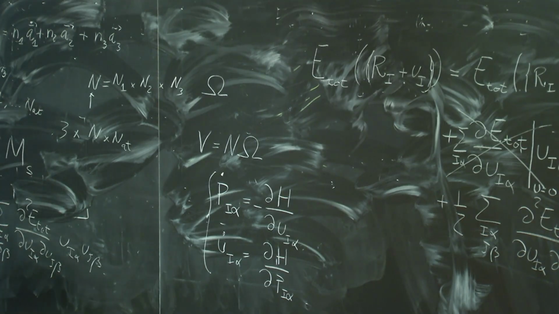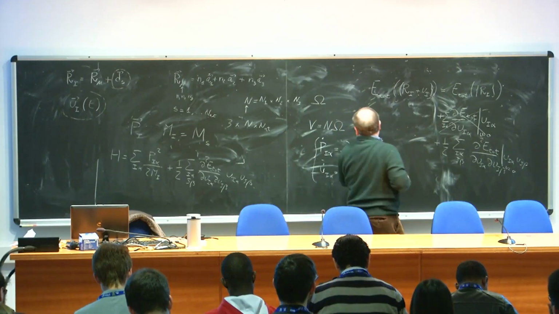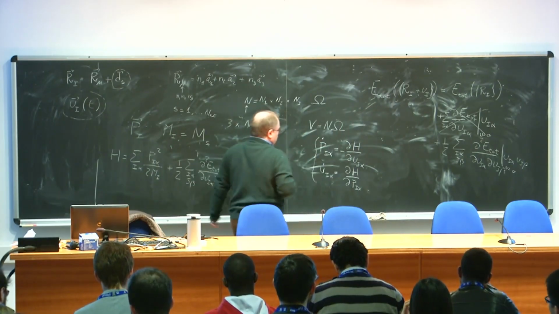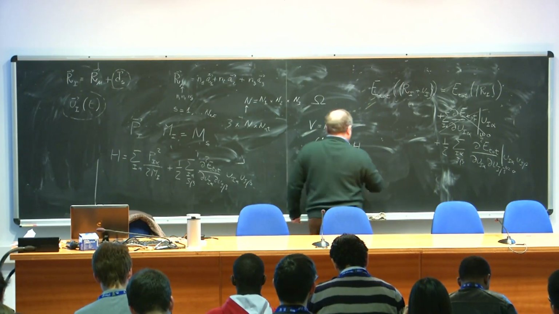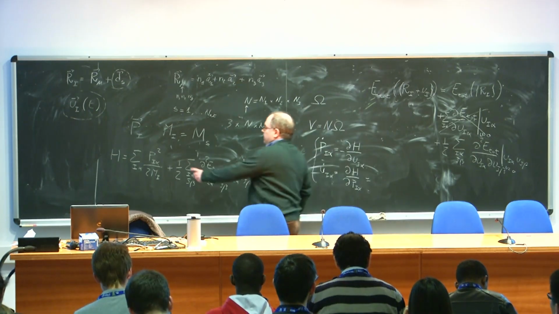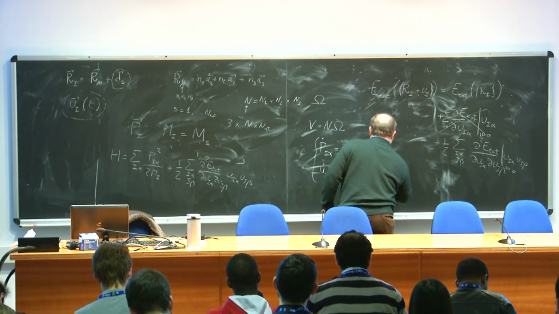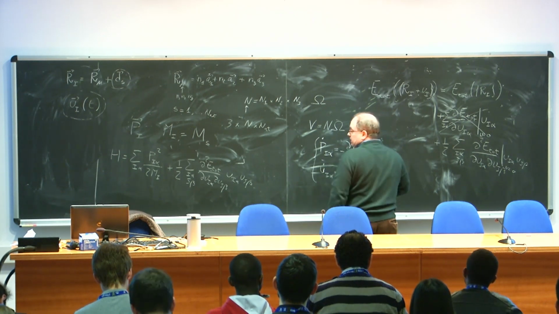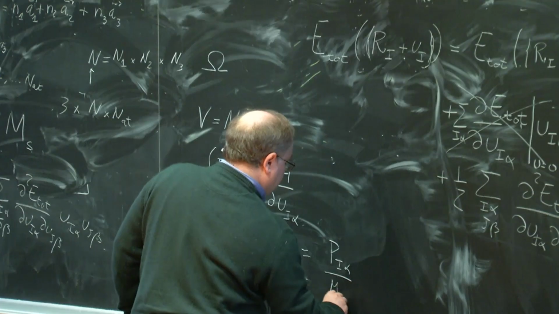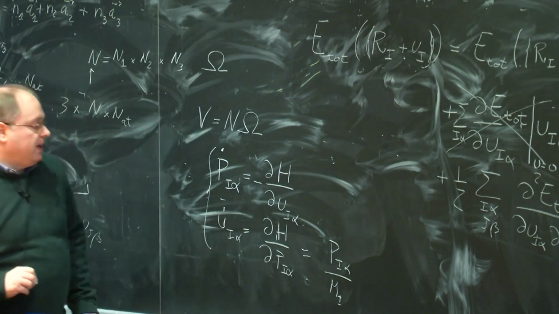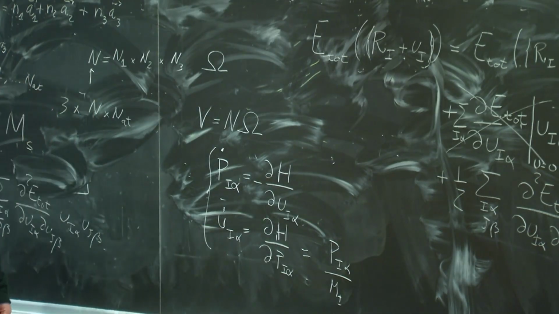Okay, so we can do this derivative starting from our Hamiltonian. This is simple because p appears only here. So this is p I alpha over m I, the derivative with respect to time of the displacement.